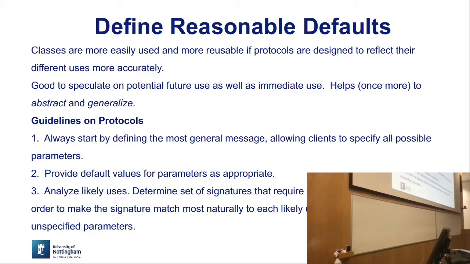But I'm sure you've all noticed that the more parameters a method takes, the more difficult it is to use. Right? If you're trying to call a method that has 10 parameters, you don't use it because it's too much work. It's like, really? I have to specify 10 parameters to this method?